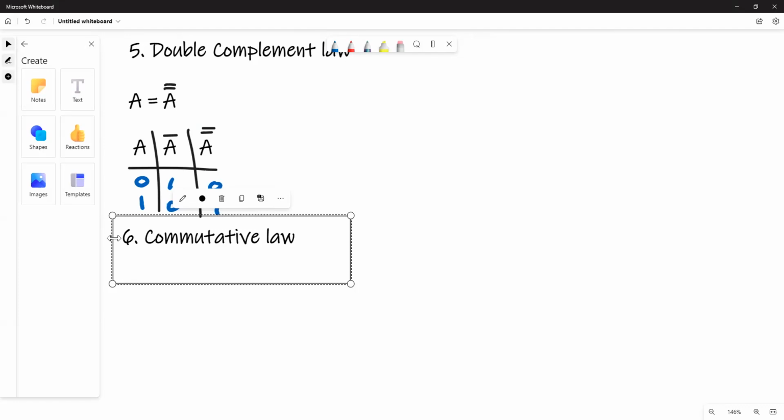The sixth one we call the commutative law. That means when you perform some operation, we say order doesn't matter, right? Again, there are two forms.